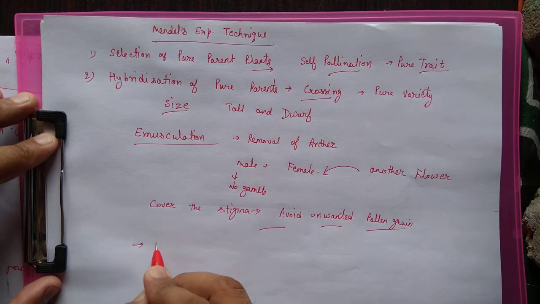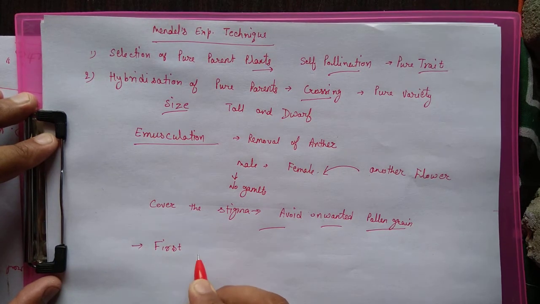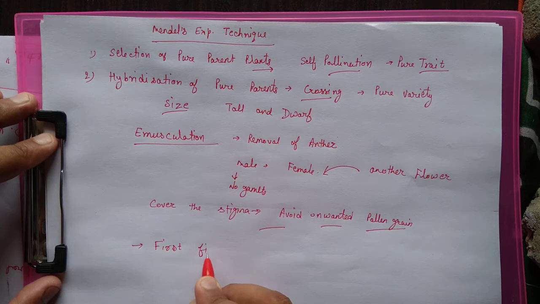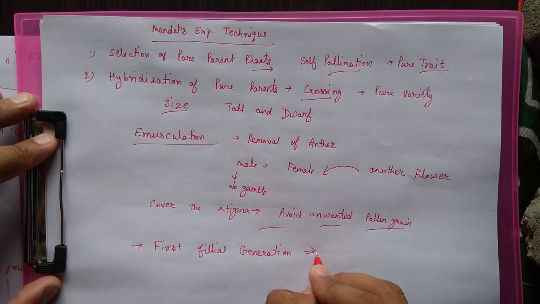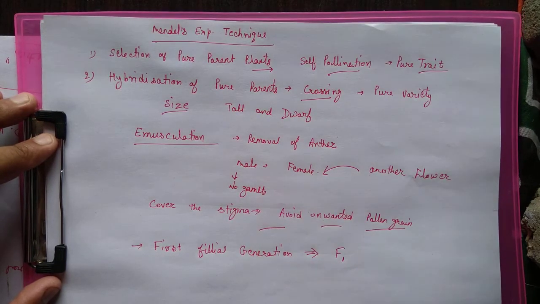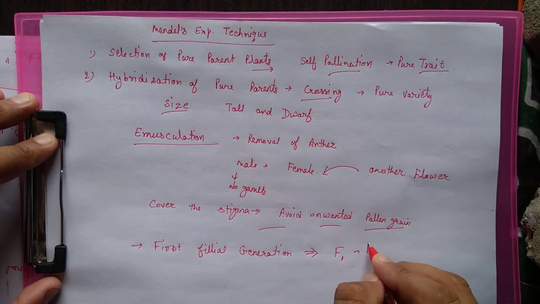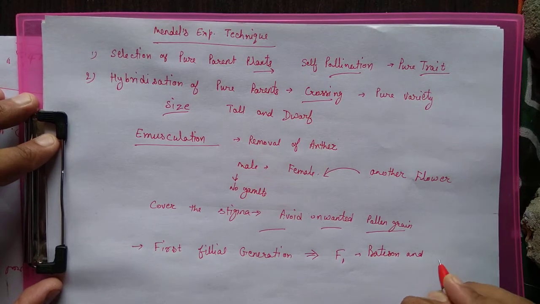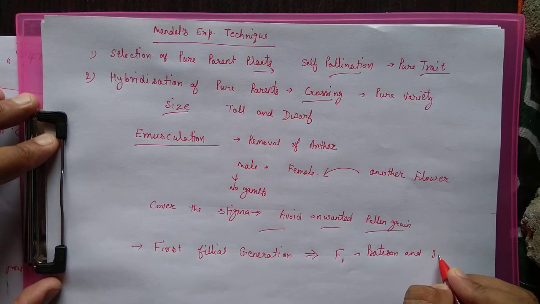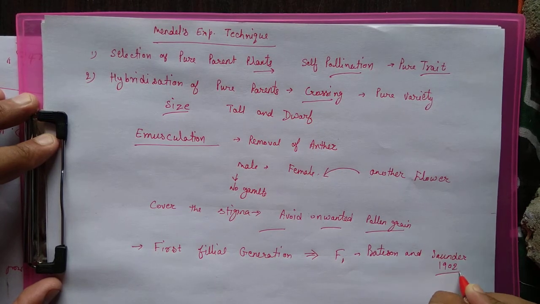This is known as the first filial generation, denoted by F1. F for filial, the first generation, named by Bateson and Saunders in 1902.